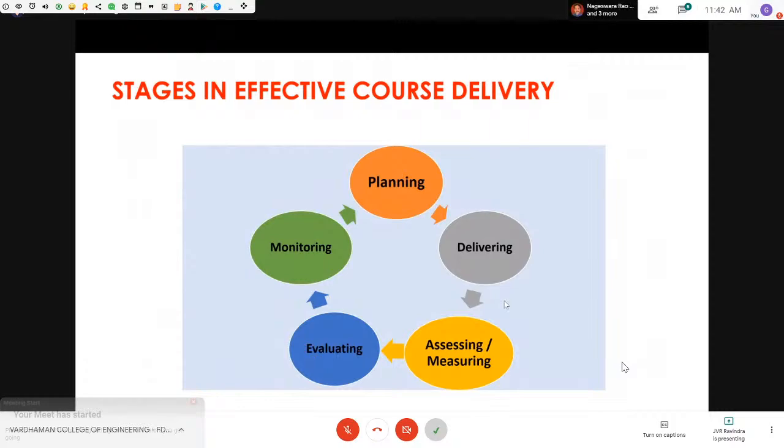We should become like parents to the students, right? Then only will things go the right way. So monitoring is very, very important. Planning, delivering, assessing, evaluating, and monitoring. So these are the things there.